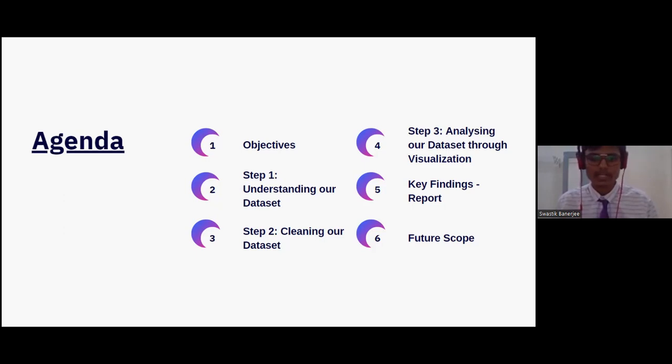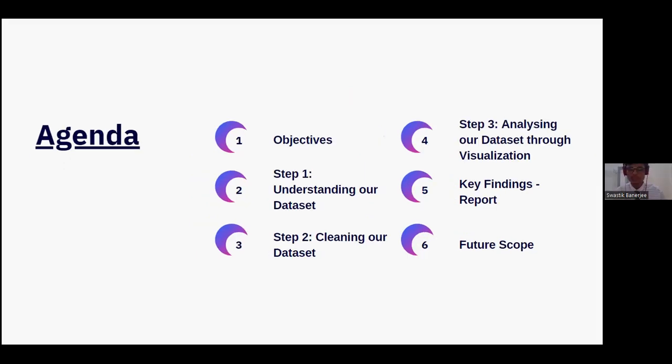After our EDA is done through these three steps, we'll formulate a report which consists of three key findings from our EDA. And last but not the least, we'll discuss the future scope of our project. And during each step, I'll guide you through a live demonstration of this project.